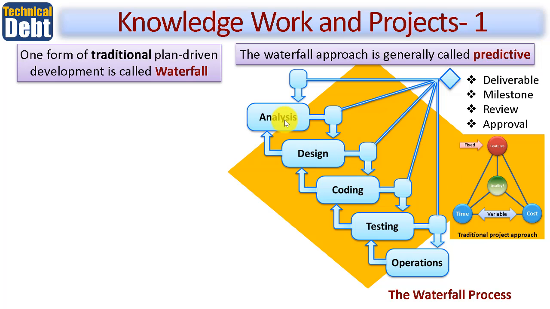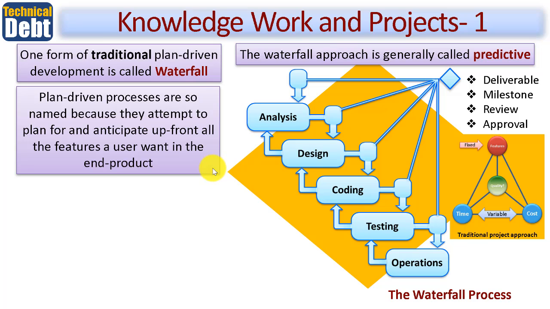So this is called waterfall because, in effect, each of these points here will often be called a gate review, where you deliver some particular aspect of your entire project. It's a key milestone. It will be a review to check what you've done, and at that point get an approval to move on to the next stage or phase. The words I've used here are very generic, and in your industry you may use different terms, but the purpose here is the same.